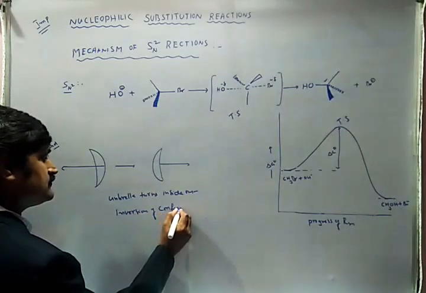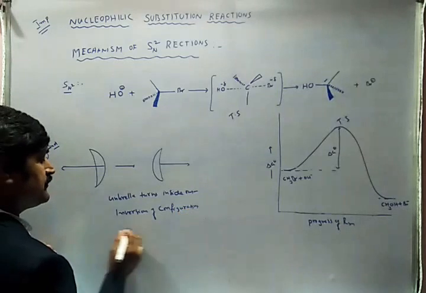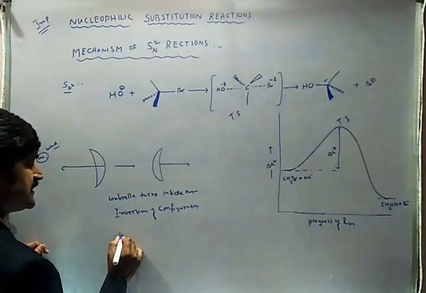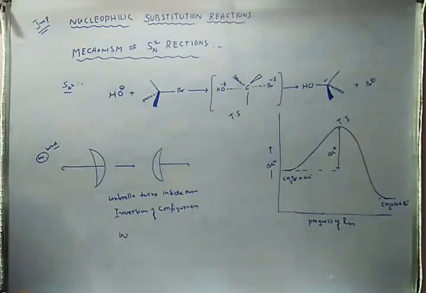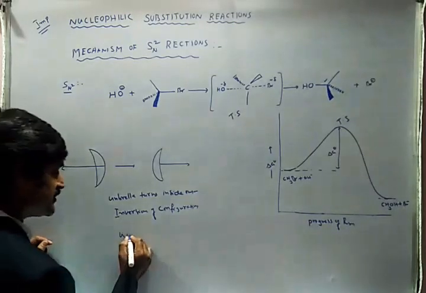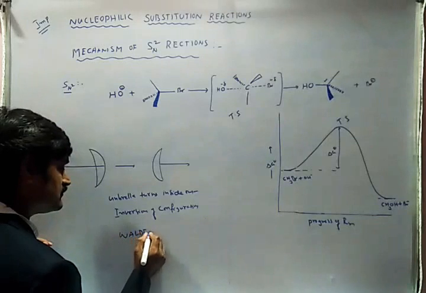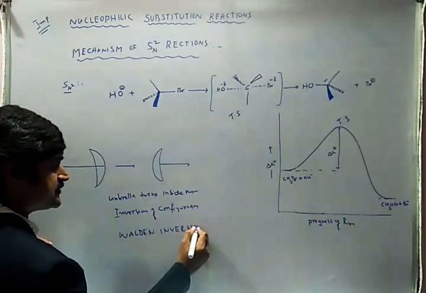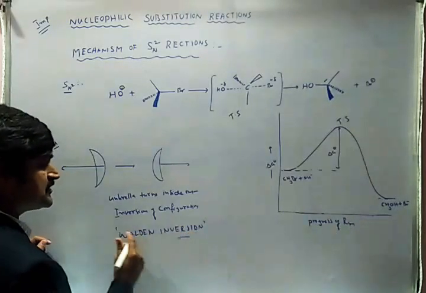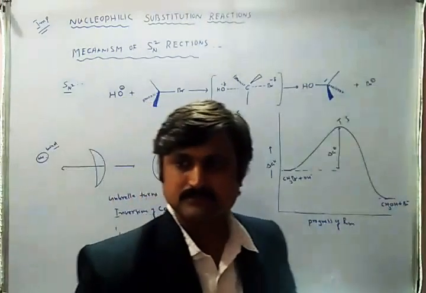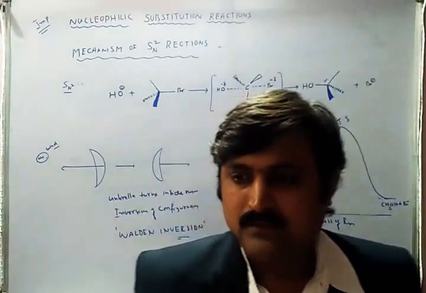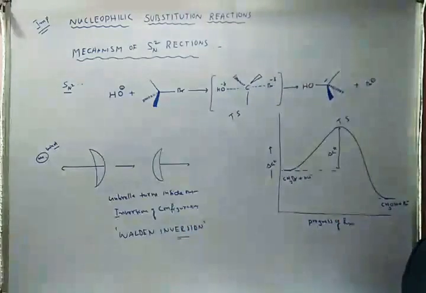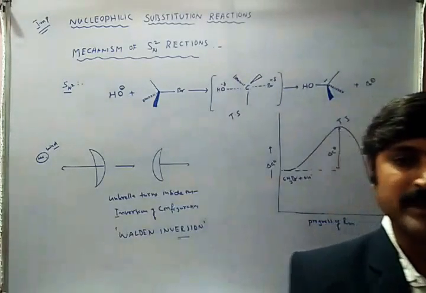This was introduced by the scientist Paul Walden. That's why we call it Walden inversion. In this mechanism, it's the most important topic. Okay. So because of that, there will be inversion of configuration. Obviously, it takes place in this mechanism.